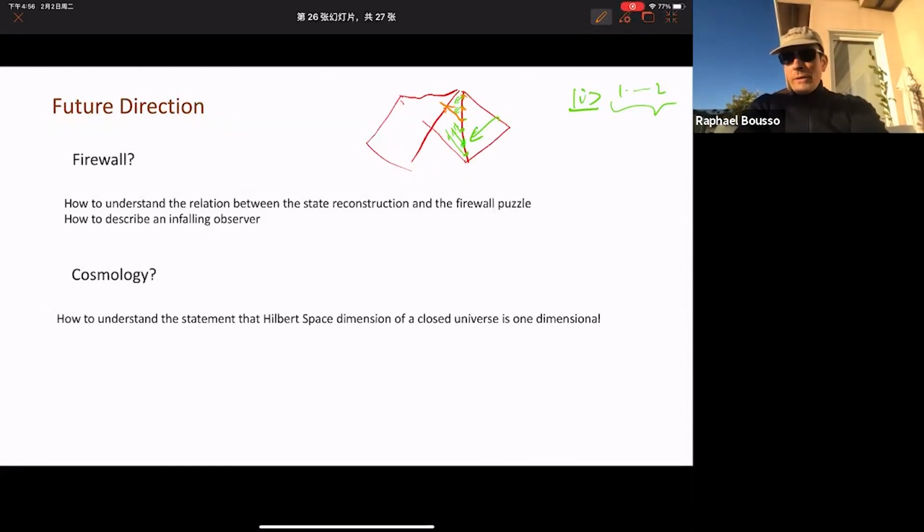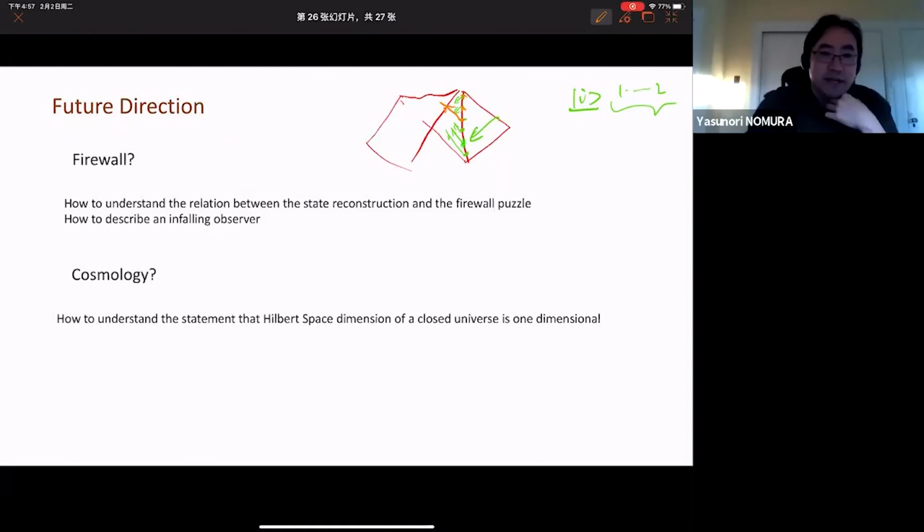All of those are ideas that speak to this issue of getting rid of the firewall. And as far as I can see, Yasunori may not agree, they all involve additional elements which are still necessary, even now that we understand all the wonderful things that replica wormholes can do. I don't see these ingredients coming out of the replica wormhole. Oh, no, I agree.